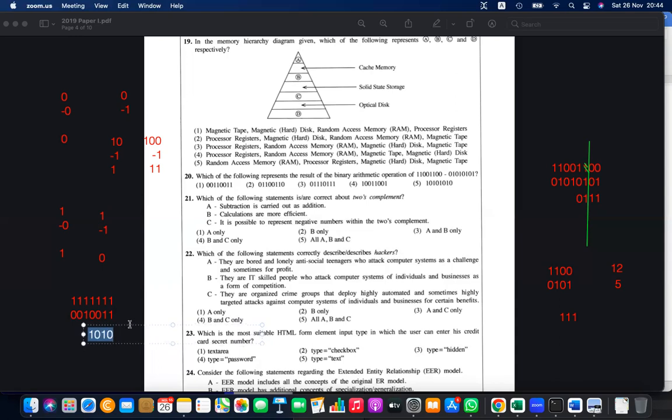1 plus 1 is 2. 1 plus 1 is 2. Remaining 1 plus 1 is 2, right? 2, remaining 0, remaining 1. 1 plus 1 plus 1 is 3, remaining 1. That 1 plus 1 is 2. Okay, up to now, okay. Remaining 1, that 1 plus 1.